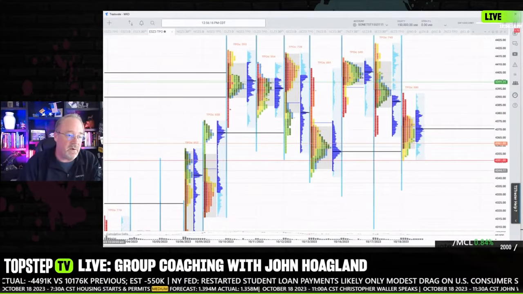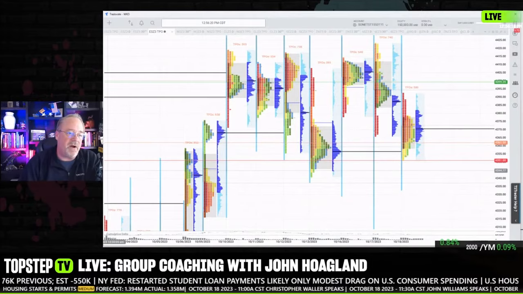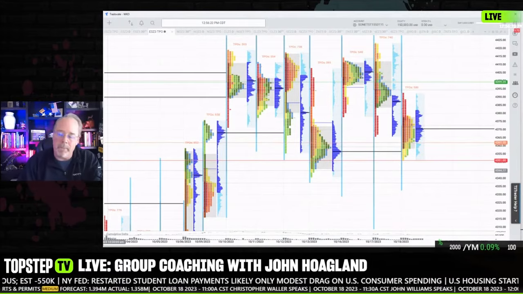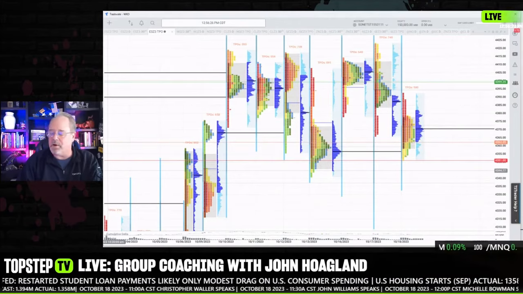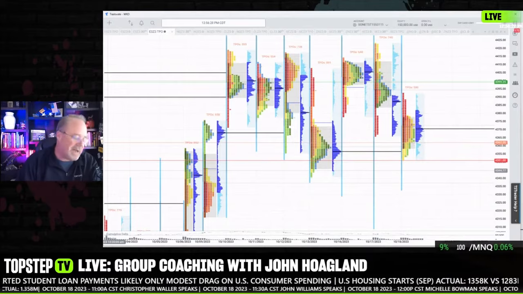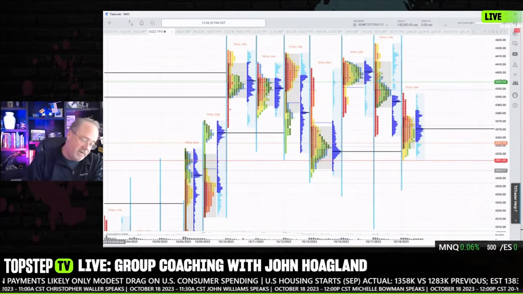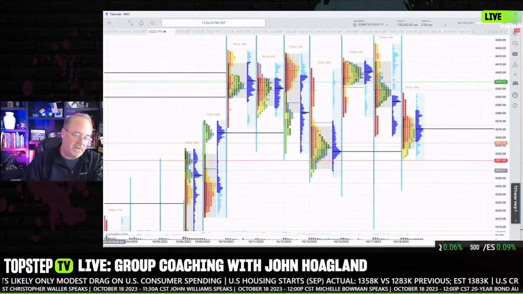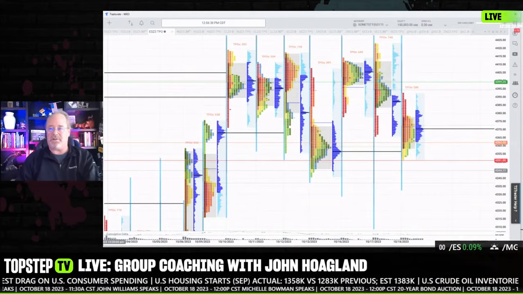There's a really good question. Is this info extendable to the SPY also? Any market, any stock, anything that can be bought or sold is part of the auction process. And I believe that the market profile can be equally as valuable in anything that you can buy or sell.